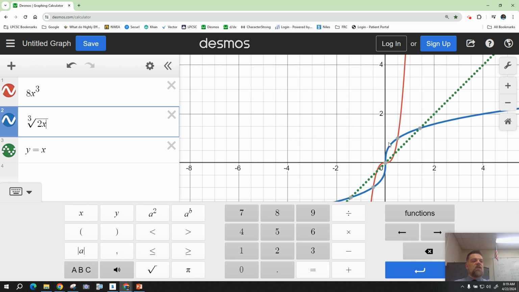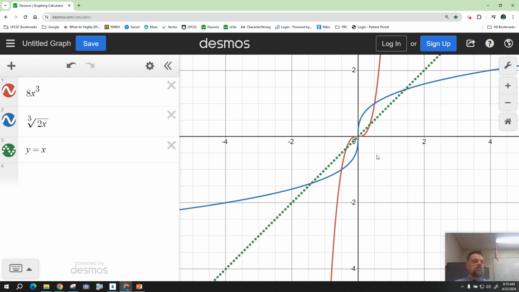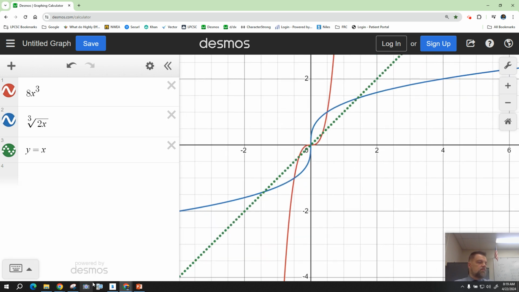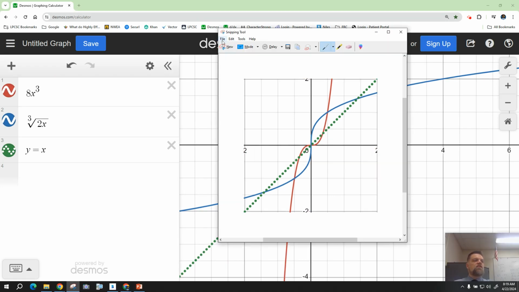No, they're not. And then our algebra confirms that, right? When we did our algebra. They're symmetrical, just not about the diagonal line.